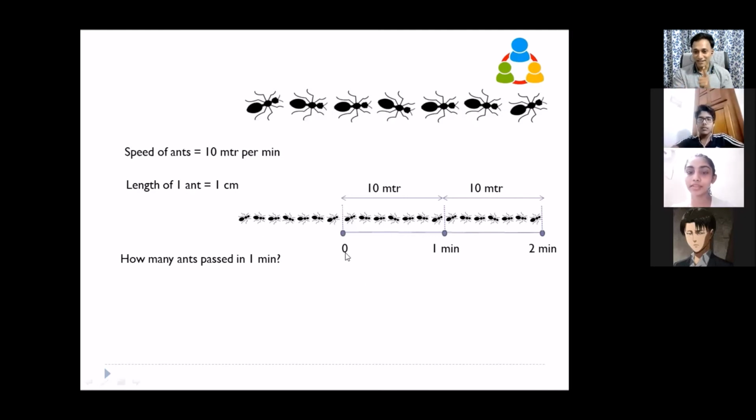You are standing here and watching. This first ant was here. Now, first second, second, third, fourth, we started walking. At the 60th second when you clicked, you are seeing these many ants have crossed. So the number of ants between 0 and 1 is equal to the number of ants passed in 1 minute, right? Or if you are measuring here, how many ants are there?